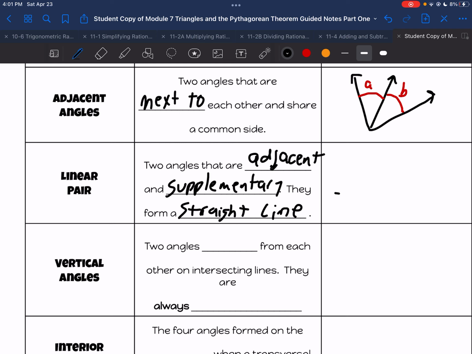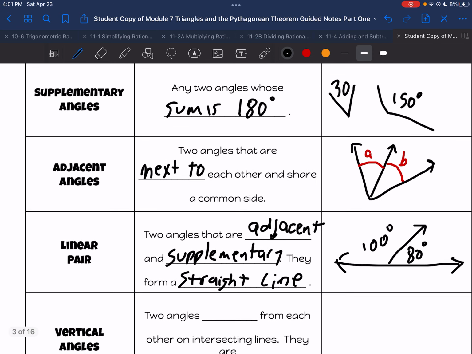Okay, so now we've got a line here, and then we have a line coming off of this. And let's say this is 100 degrees, and this is 80 degrees. Not drawn to scale, but that would be an example. You have 2 angles that add up to 180 degrees, and they are adjacent. They are sharing a common side. They add up to a straight line.